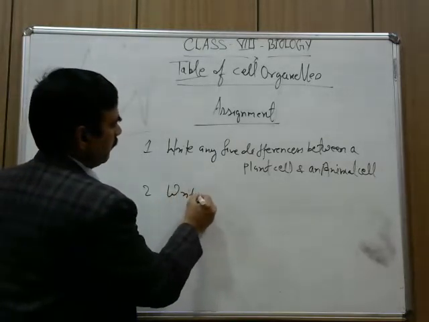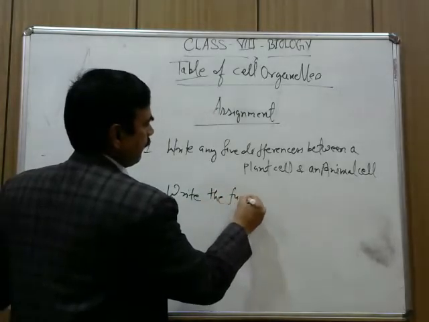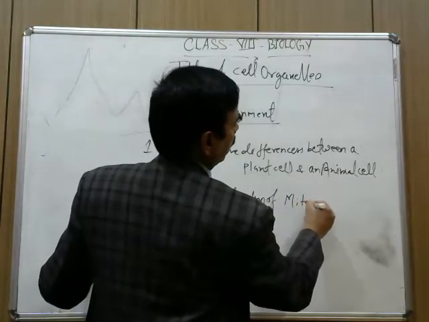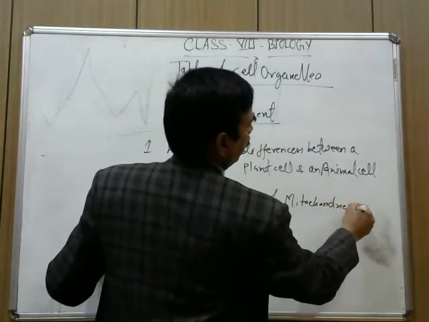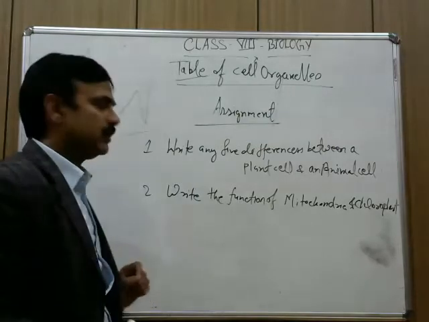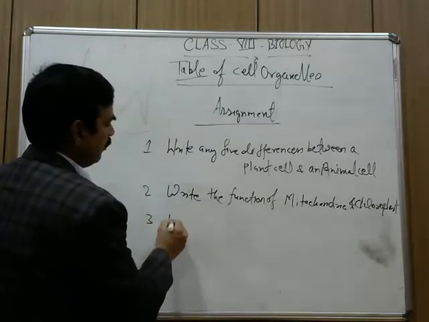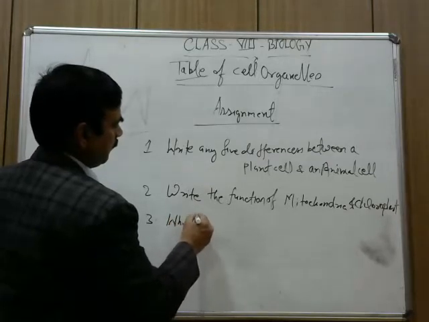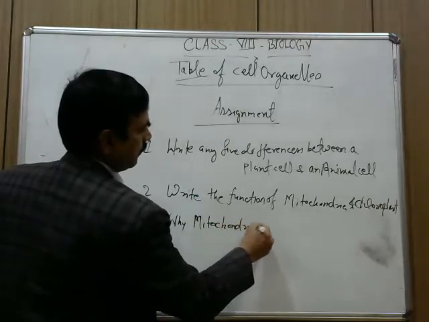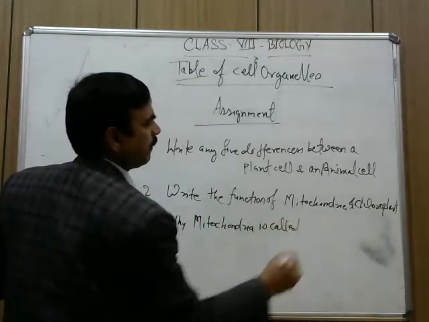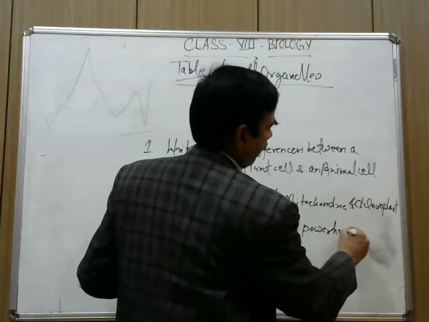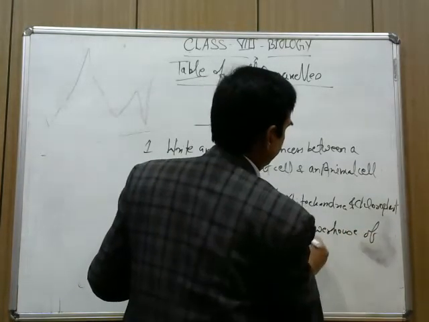Write the function of mitochondria and chloroplast. Number 3. Why is mitochondria called the powerhouse of the cell?